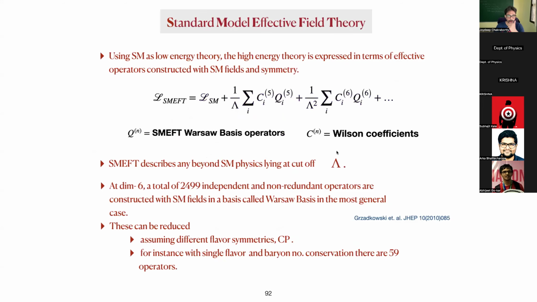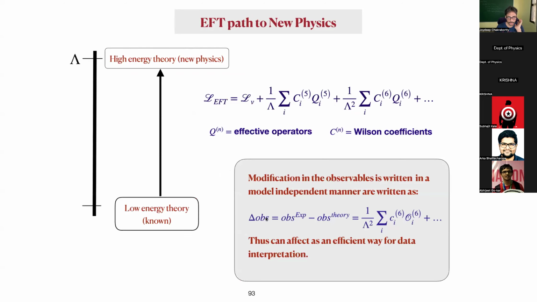Now, the standard model effective field theory is expected to describe the physics beyond the standard model, which is around lambda, the cutoff scale, or beyond that. At dimension 6, if we include the flavor structures, there will be 2,499 independent and non-redundant operators, which form the Warsaw basis. But if we are blind to these flavor structures, then that will be reduced to 59. Considering that there is no baryon number and lepton number violation, we'll work with those 59 operators only.